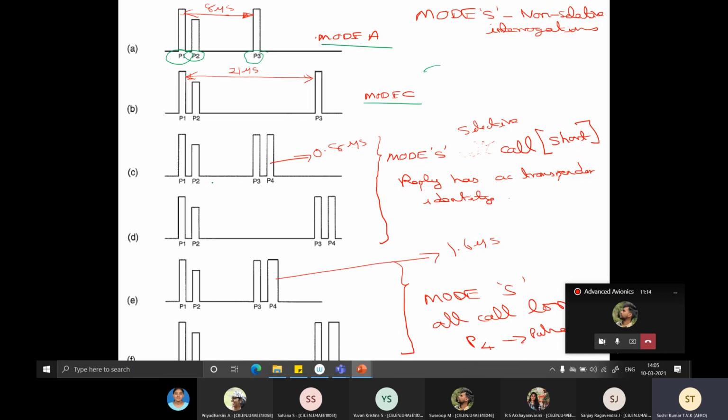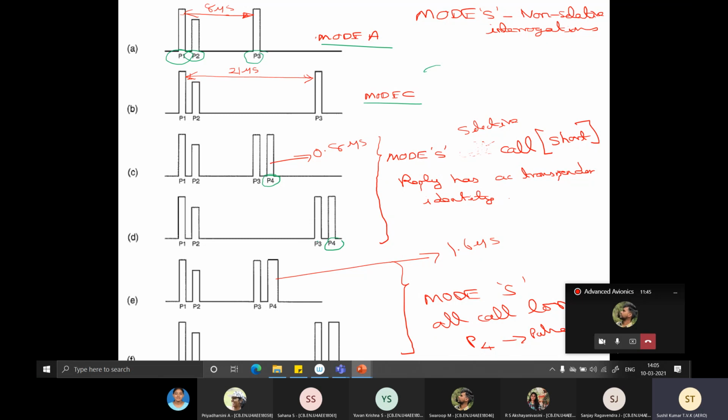So the addition of this is one P4 pulse was added to both mode A and mode C. Mode A by the time was almost out and it was just mode C. And for mode C, they had used this one. I added one more P4 pulse so that the mode S transponder will understand it's a mode S interrogation.